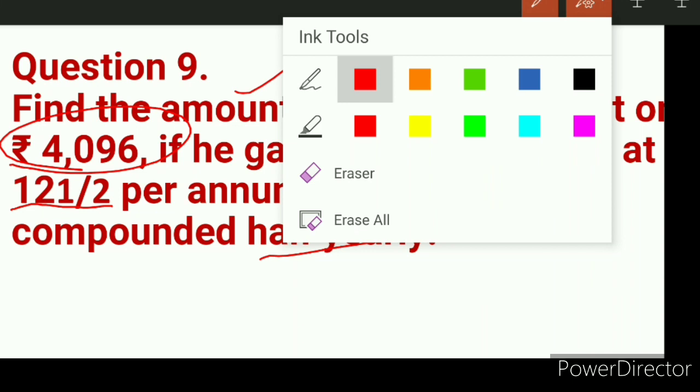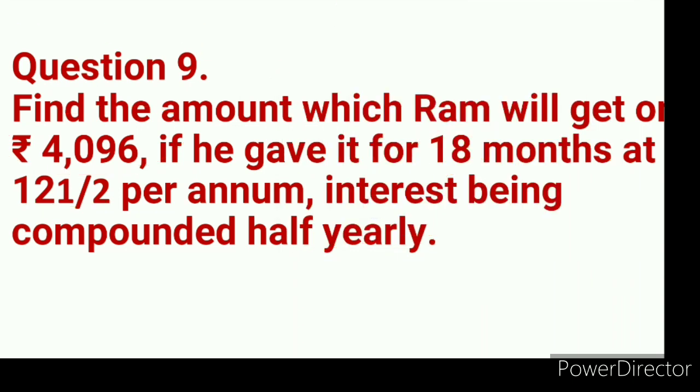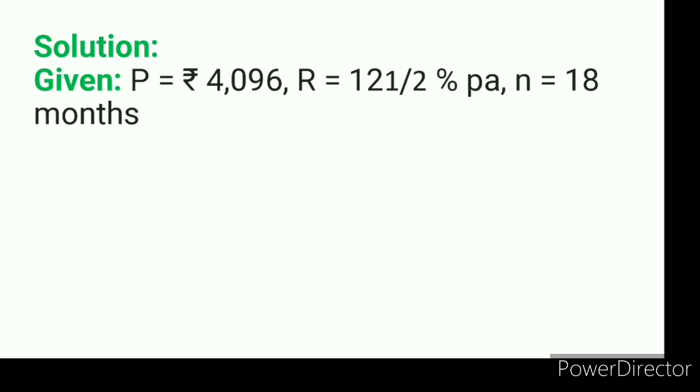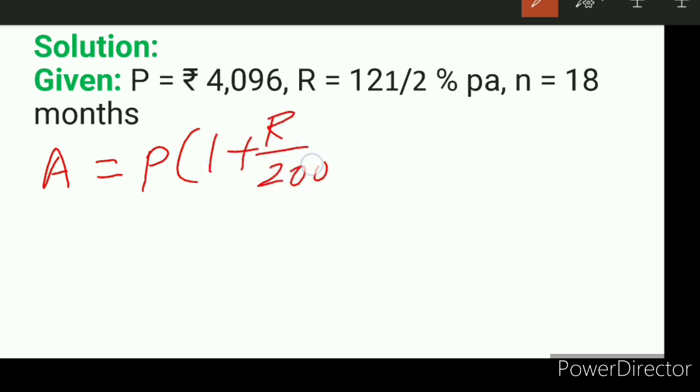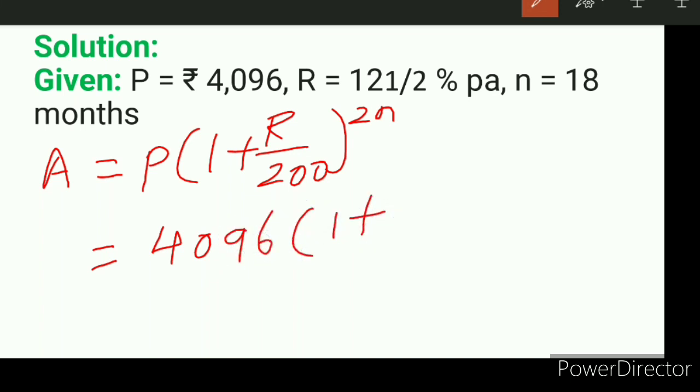So, what is the formula? For half yearly, amount is equal to principal into 1 plus r by 200 whole to the power 2n, that is equal to 4096 into 1 plus r. The rate is a mixed fraction, so convert into improper: 12 1 by 2, 12 times 2 is 24 plus 1, 25 by 2.